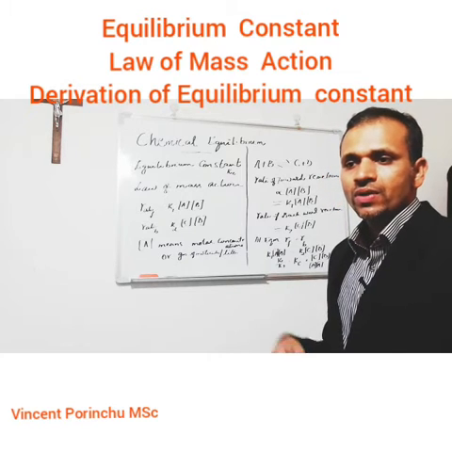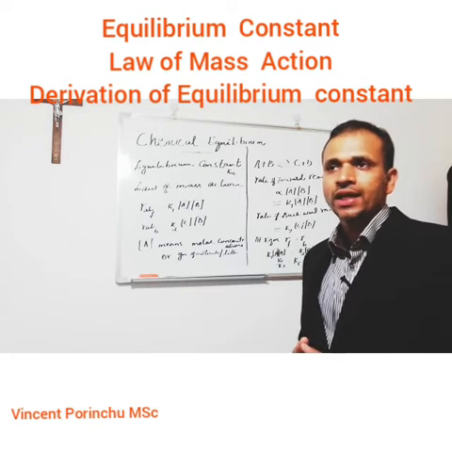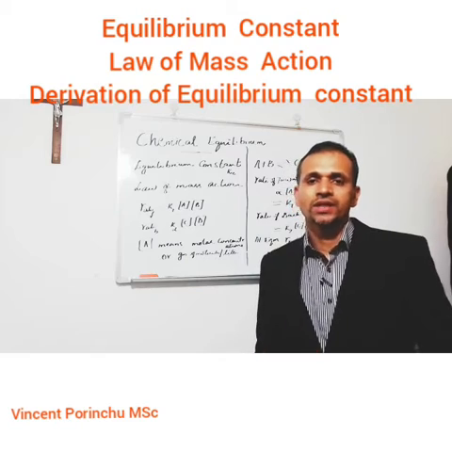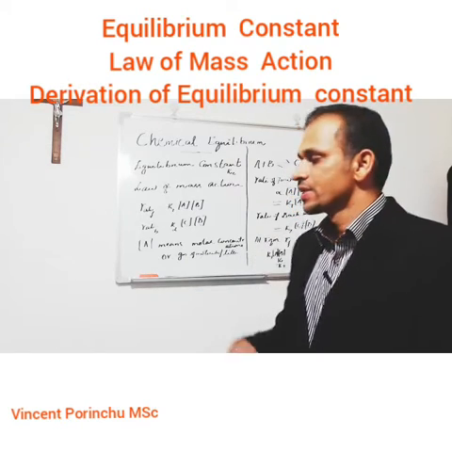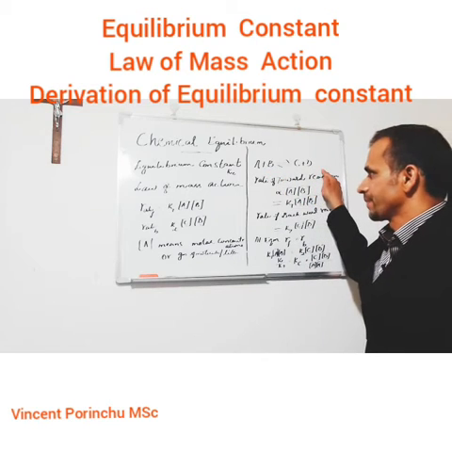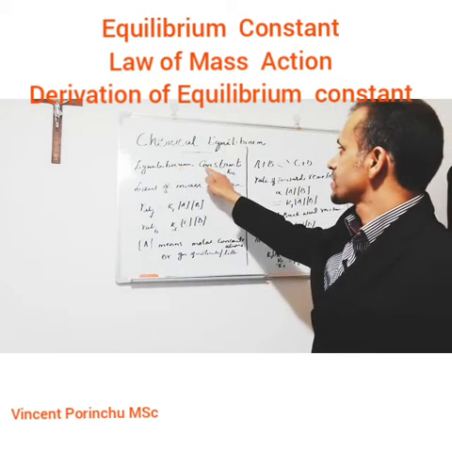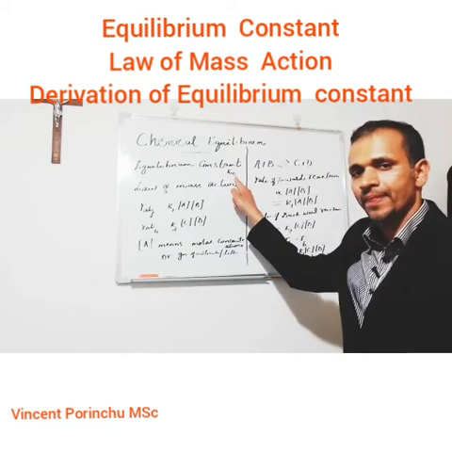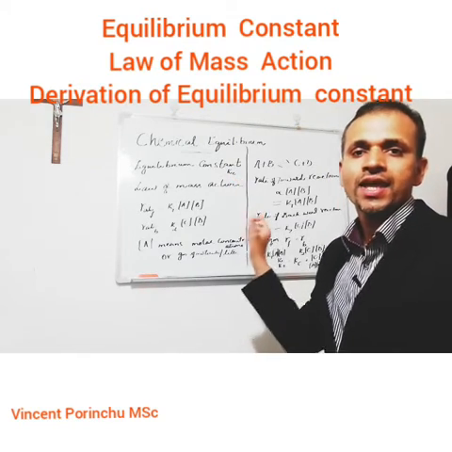Next, we are going to derive the mathematical expression for the equilibrium constant. We consider the same general equation A plus B is equal to C plus D. The equilibrium constant is normally represented by Kc.